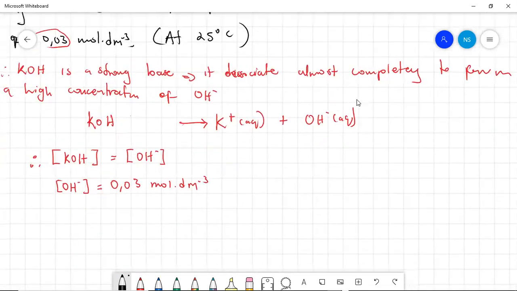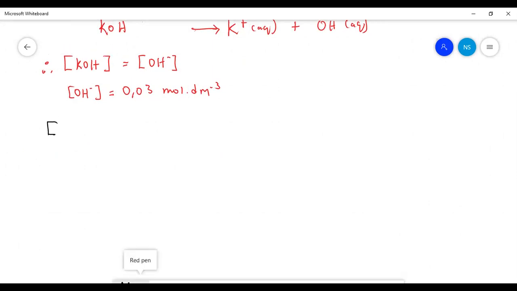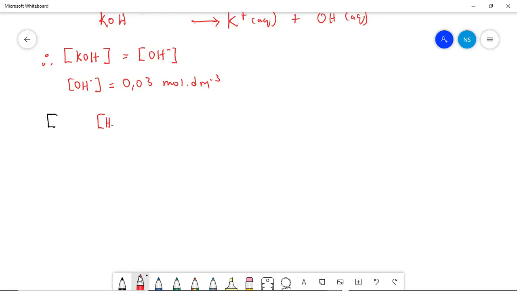Since we have the concentration of OH minus, you're going to use this formula: the concentration of H3O plus times the concentration of OH minus will give us 1 times 10 to the power negative 14. In this case, you know the concentration of OH minus, so this will be H3O plus times 0.03, which is equal to 1 times 10 to the power negative 14, right?